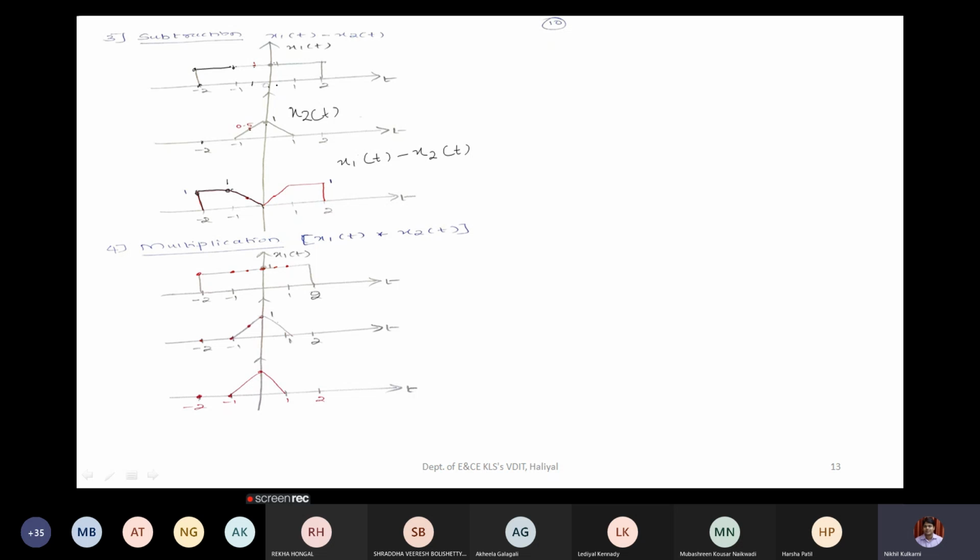On the other side, at 0.5, it is 1 and 0.5, so 1 minus 0.5 will be 0.5. At t equal to +1, it is 1 and 0, so 1 minus 0 will be 1 only. Same thing you have to continue.